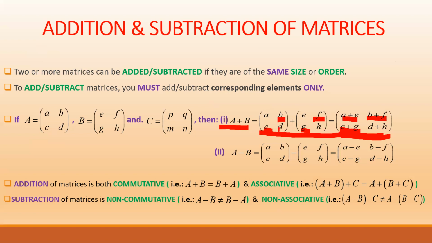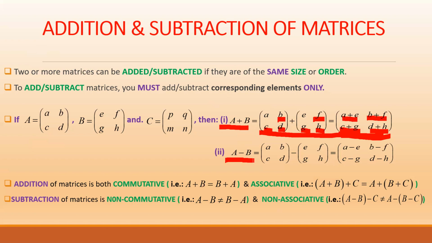And we go ahead and we add D plus H, and that is how we get the corresponding result over here in our answer. Okay, guys, so that is how you add matrices. They must be of the same size or order, and having established that, you go ahead and you add corresponding elements. So let us look at subtraction now.